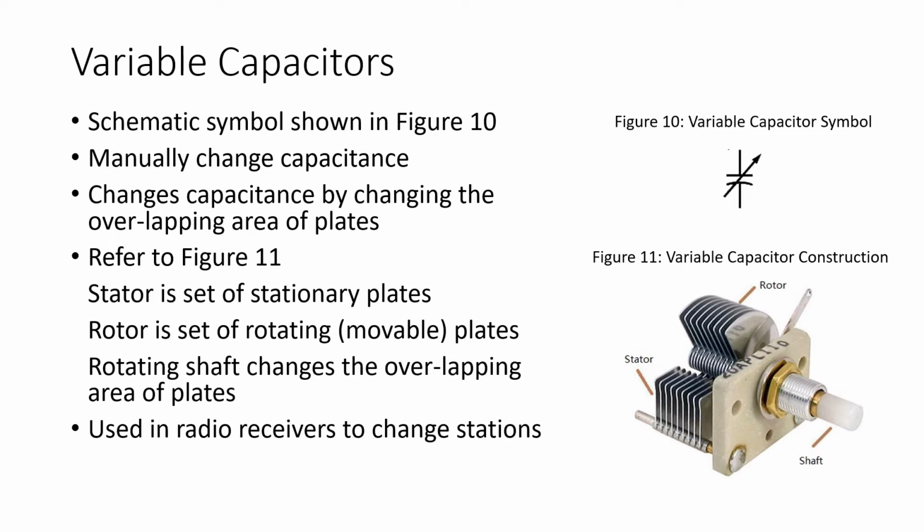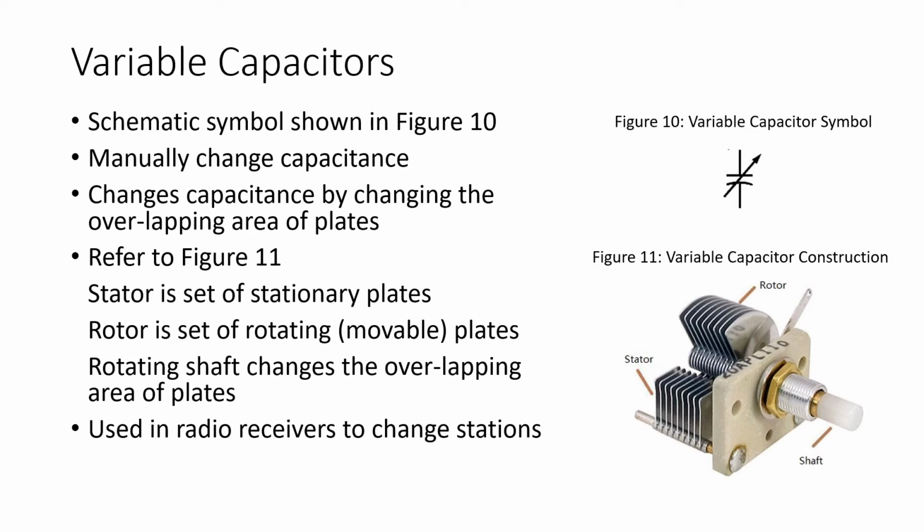So looking at the variable capacitor in figure 11, you see that there's one set of plates that are stationary, and this is called the stator. There's another set of plates that are connected to the shaft, and this set of plates can rotate in between, or interleaving with, the stator plates.